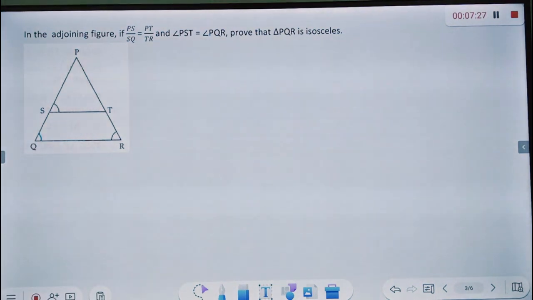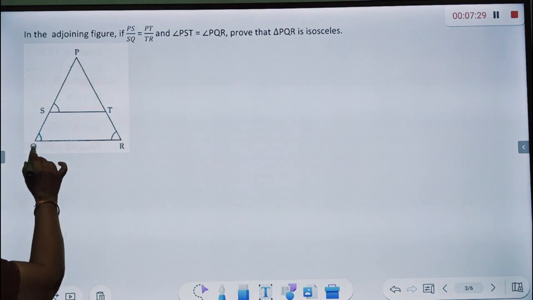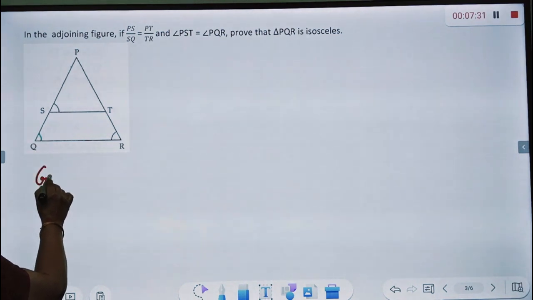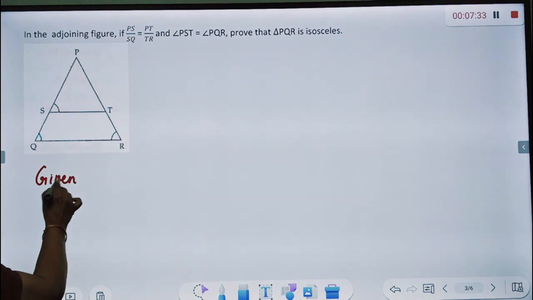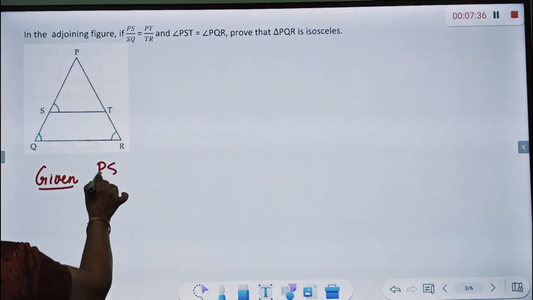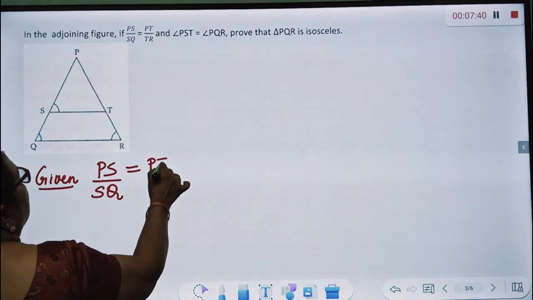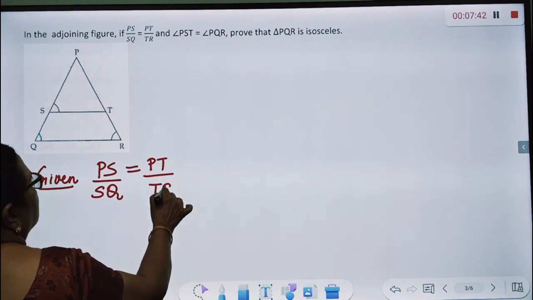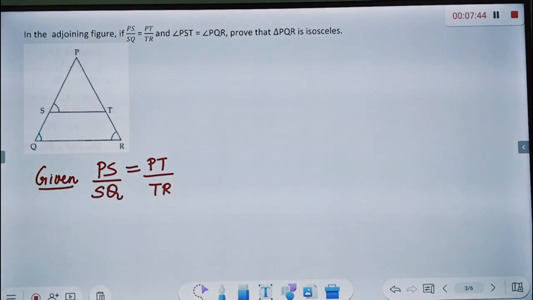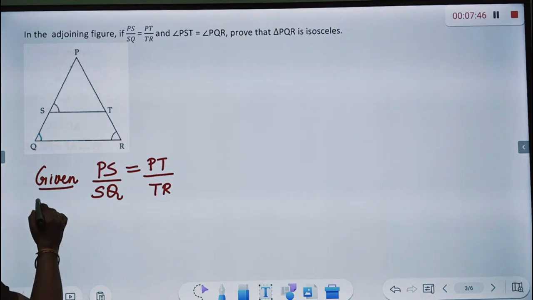Now look at this. You are given PS by SQ is equal to PT by TR. And then what else is given?